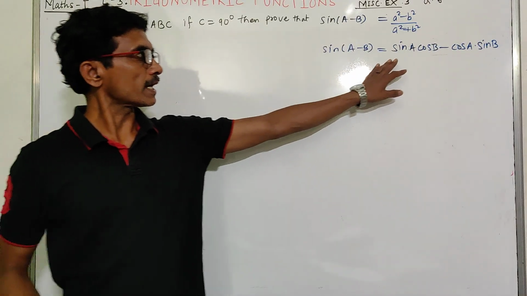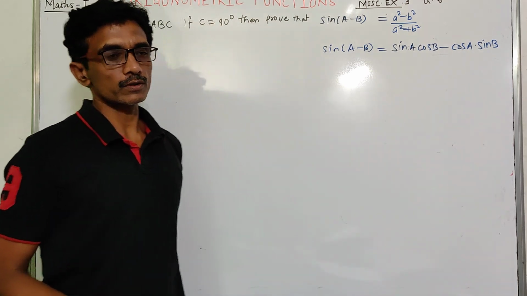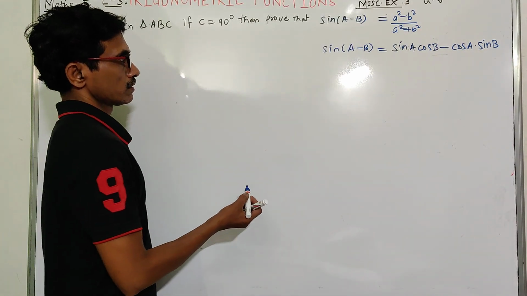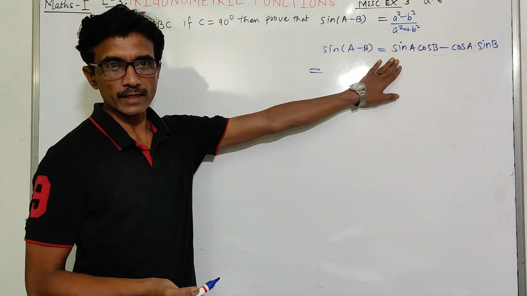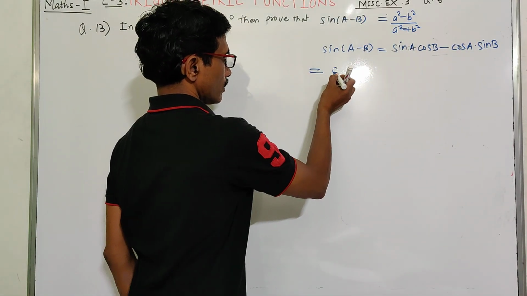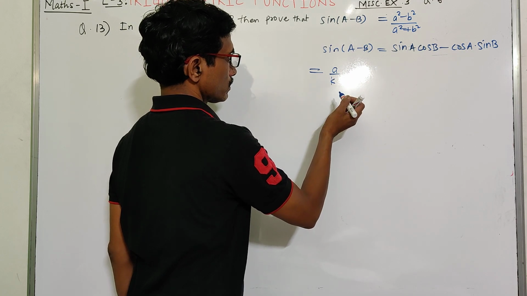Here we apply sine rule as well as cosine rule. Sine A, as we said, is a upon k, by sine rule.